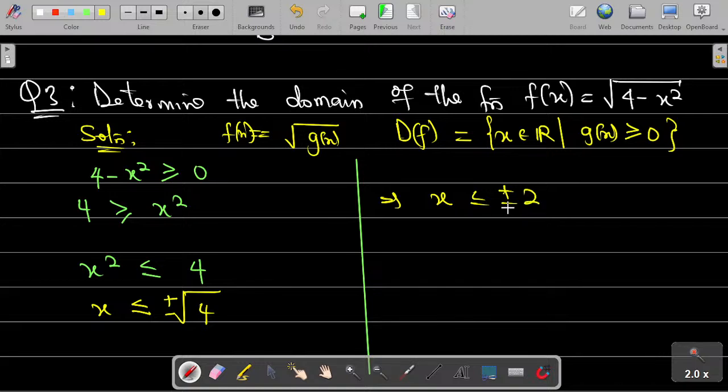But then it's not going to be right to keep both of them on one side, because it won't make sense. X cannot be less than or equal to 2 and at the same time be less than or equal to minus 2. It's not possible. If x is equal to 2, it cannot be less than minus 2.